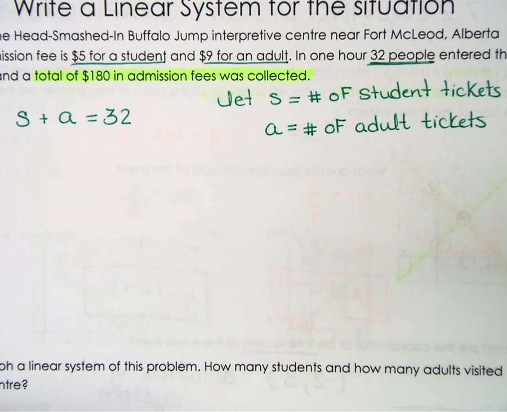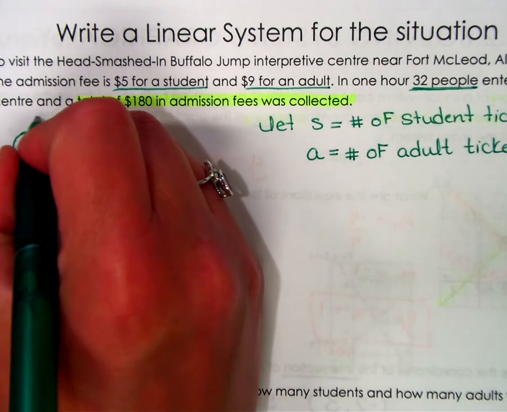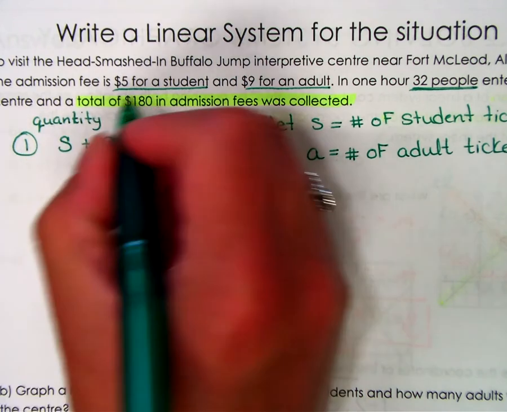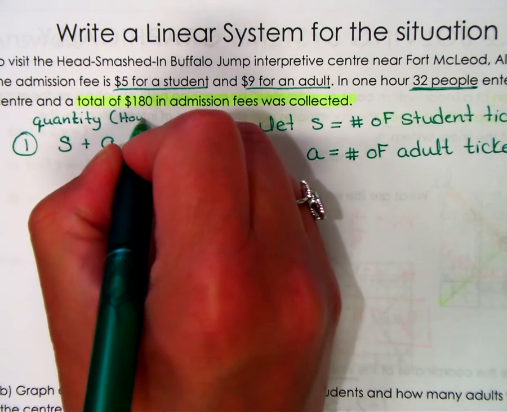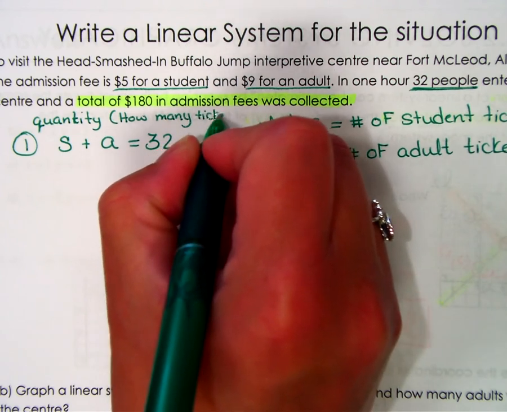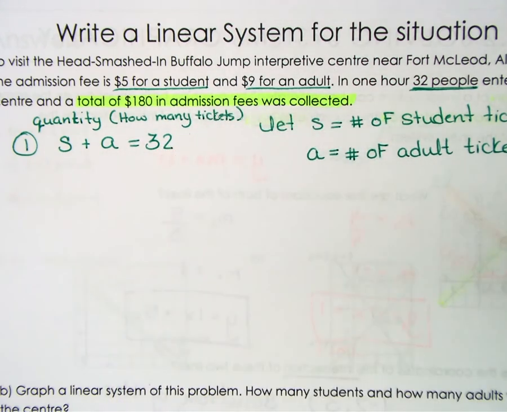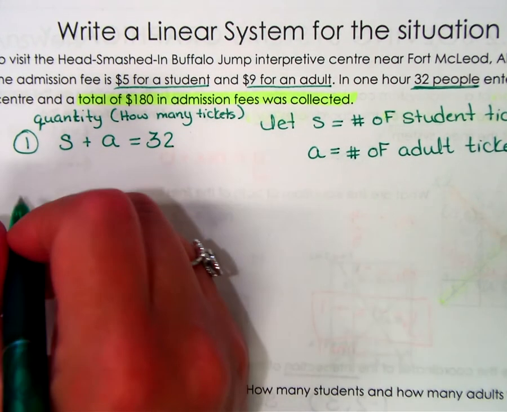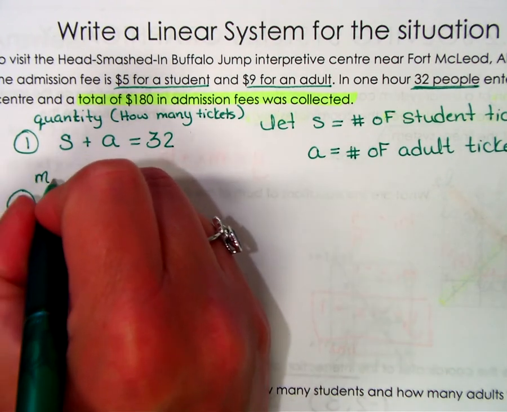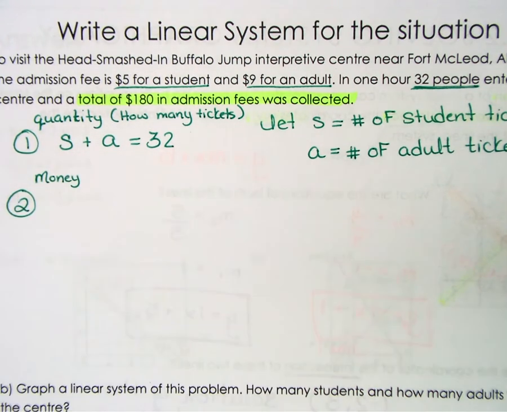So this first equation dealt with quantity, or how many tickets we sold. The next equation is about the money, how much money we collected.